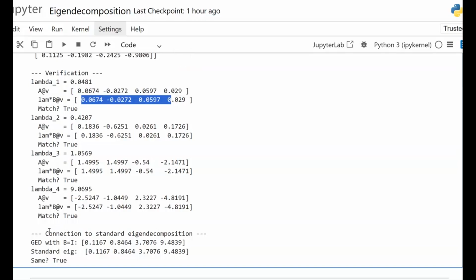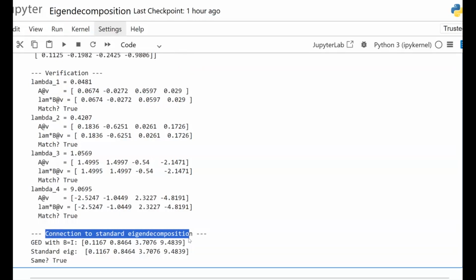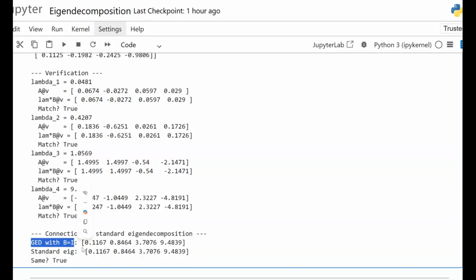And when we go towards the connection to standard eigendecomposition, kindly observe, dear friends, when B is equal to identity, the GED with this functionality also gives the exact same values. So yes, both are the same, and it confirms the generalized solver matches standard eigendecomposition.